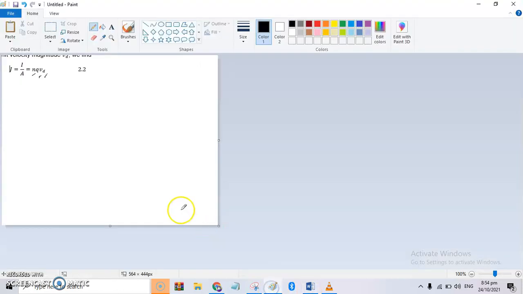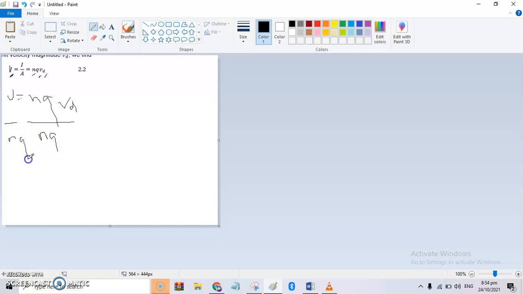Let's go back. So, J is equal to I over A equals NQVD. Now, we have the value of J, because we already got I and A. So, current density J is equal to NQVD. To get the VD, you just need to divide both sides by NQ.